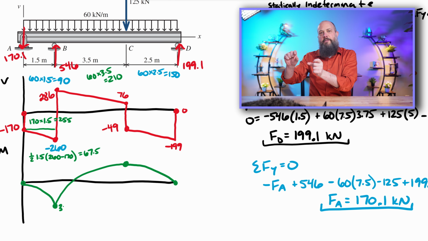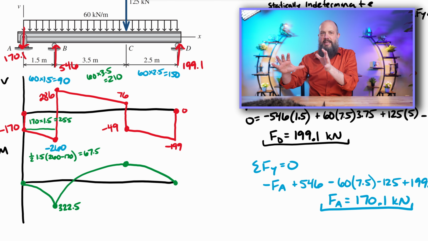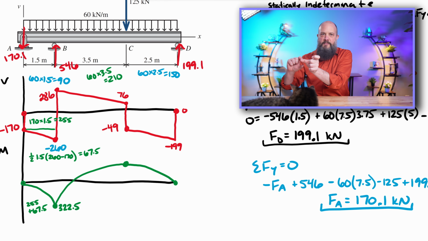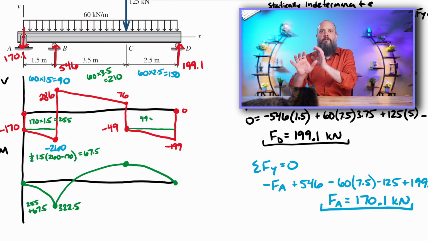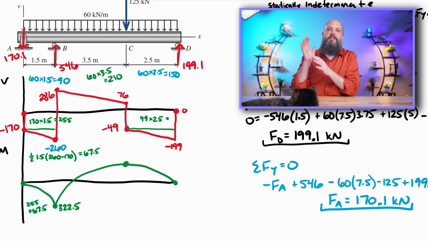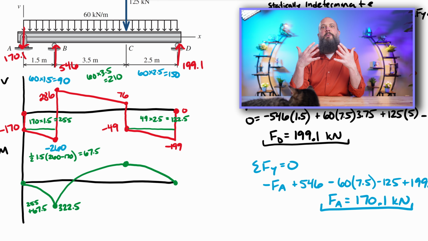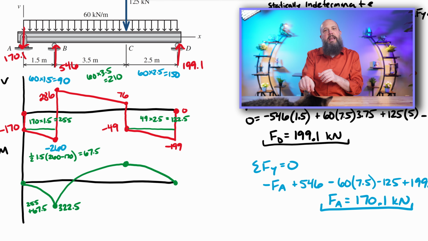And then the area of the triangle right beneath it, because I'm turning this trapezoid into a rectangle and a triangle. The triangle has a base of 1.5, height of 260 minus 170. So one half base times height gives us another 67.5. Add this together, 322.5. That is the magnitude of the moment at that negative cusp.